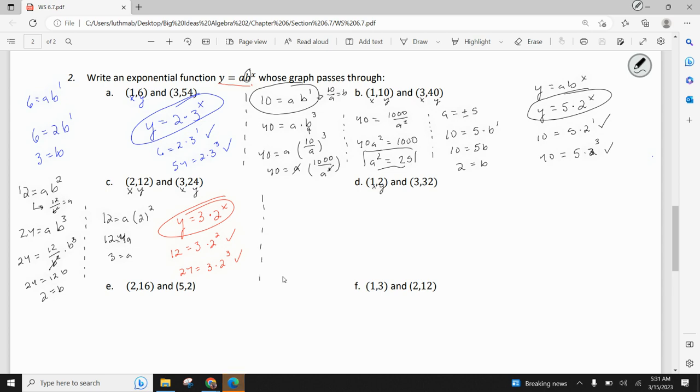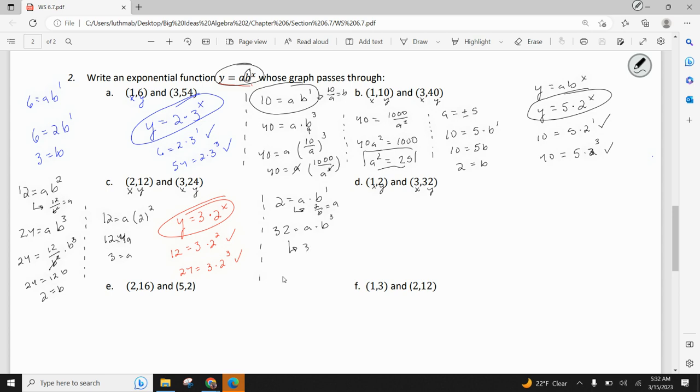So x comma y, using this, 2 equals a times b to the first, and then x comma y, 32 equals a times b cubed. Let's get a by itself here. 2 over b equals a, b to the first being b.